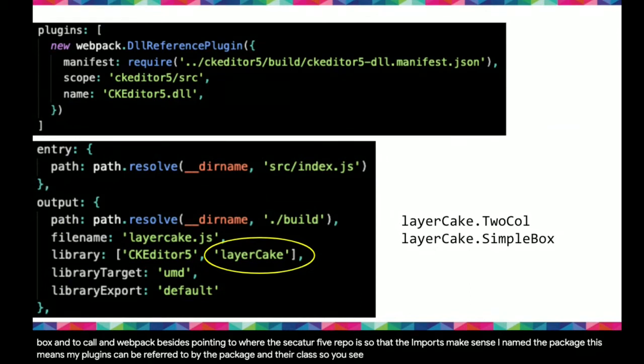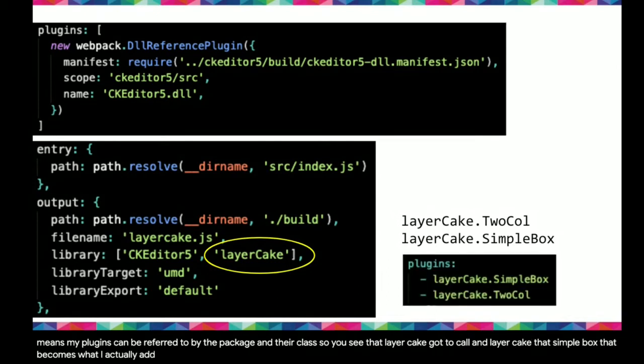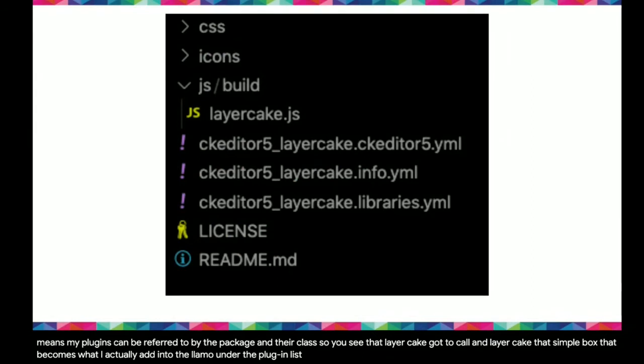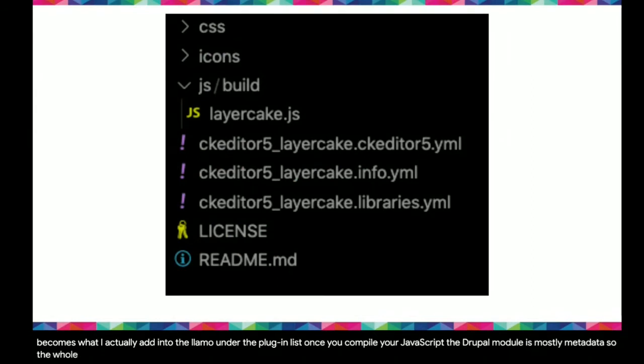So you see that layercake.toCall and layercake.simplebox, that becomes what I actually add into the YAML under the plugin list. Once you've compiled your JavaScript, the Drupal module is mostly metadata. So the hope is that it makes adding new plugins straightforward without needing to learn a lot about Drupal.